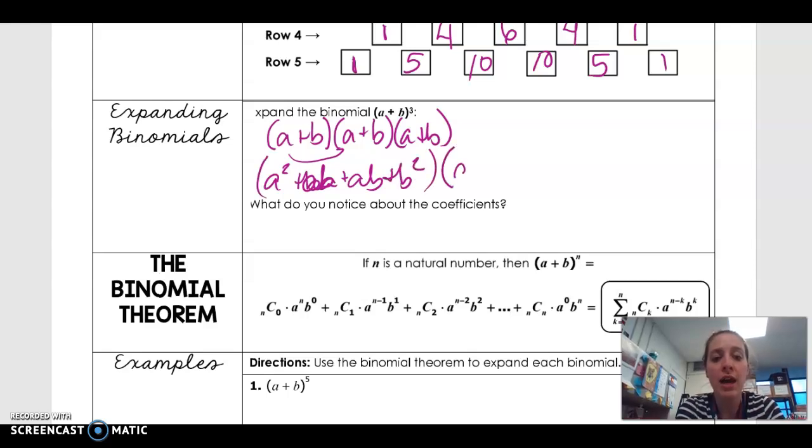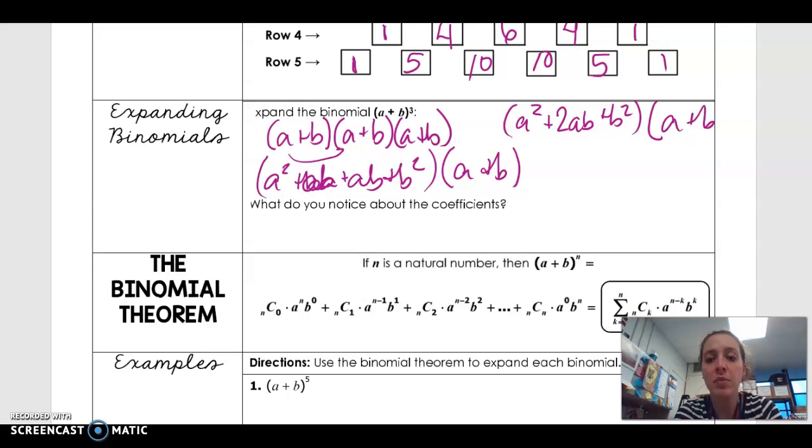So then I've got that times, again, my a plus b. So let's simplify this a little bit. So now I see I've got a squared plus 2ab plus b squared times a plus b. Okay, so now let's go ahead and multiply that one. And when I multiply this in, all I'm doing is double distribution, or my multiplication.